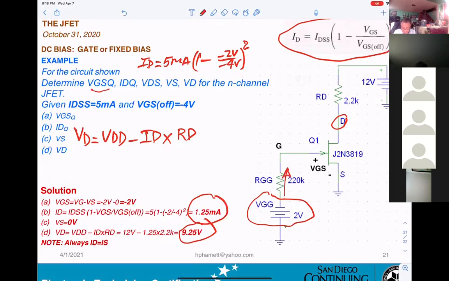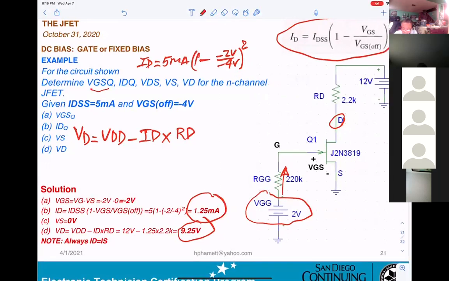So in this case, VGG is equal to VG. But the thing is, they tell you the resistor is big. So that's why no current can be flowing. And you can explain it another way. That means this will be reverse biased. So that's why the current is not flowing and VG and VGG will be the same.